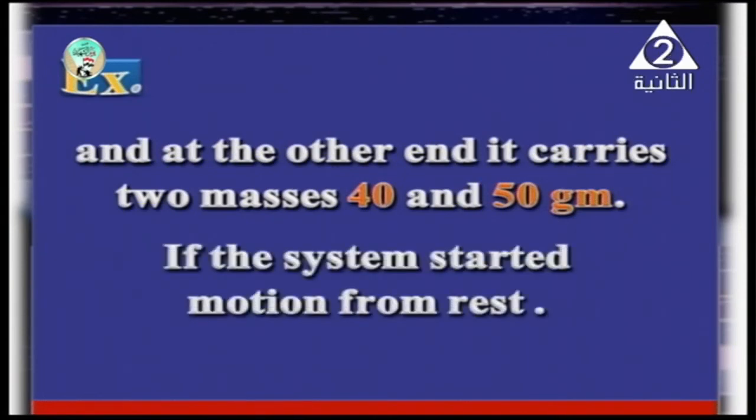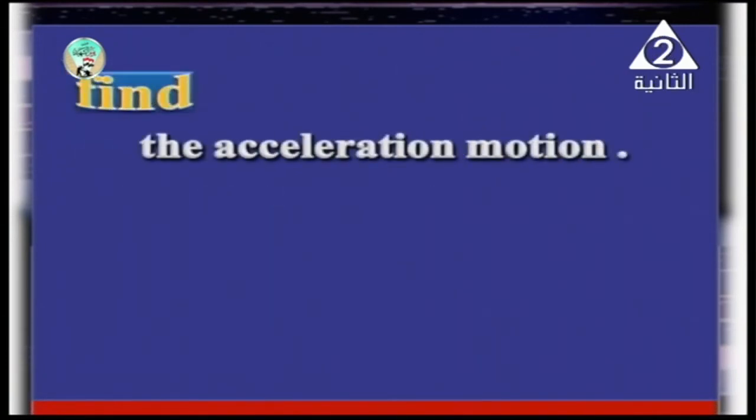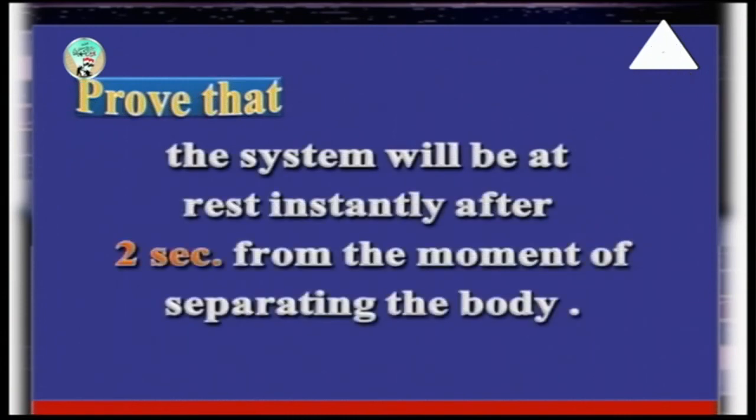If the system starts motion from rest, find the acceleration of motion if the body of mass 50 separates after 2 seconds from starting motion. Then prove that the system will be at rest instantly after 2 seconds from the moment of separating the body.